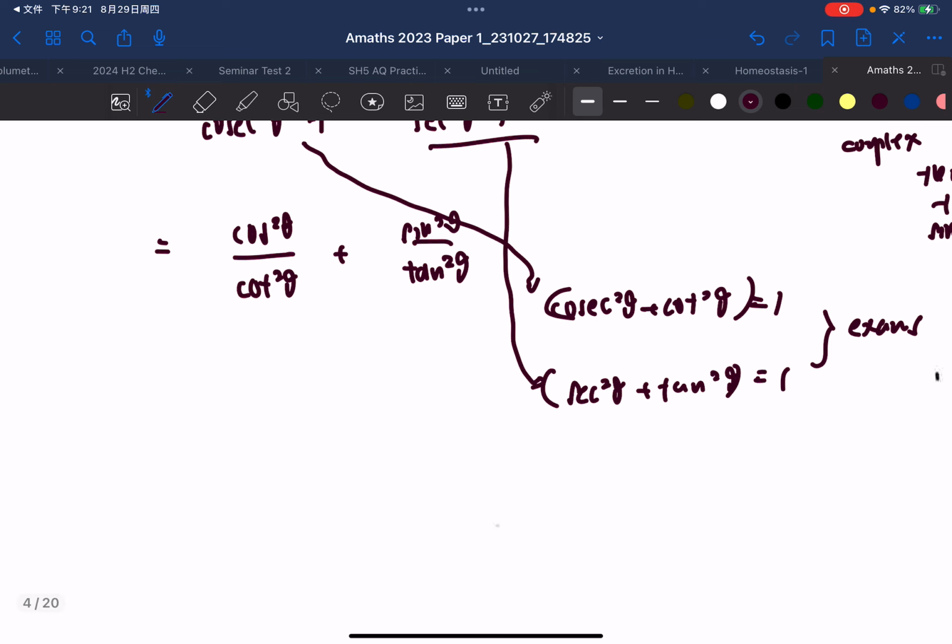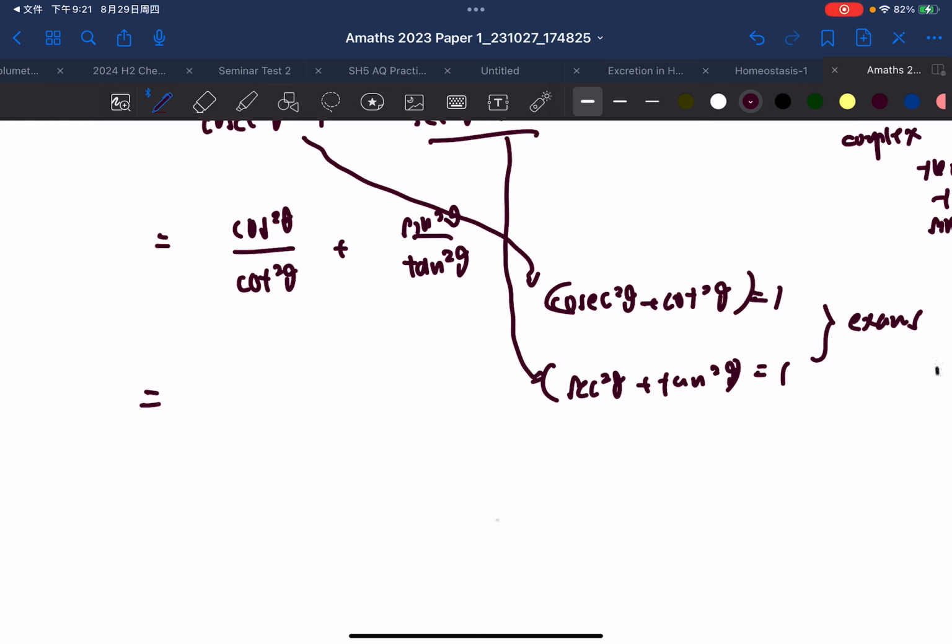Okay? So in that case, I'll be able to simplify further, and I will get, because this one will be what? Cosine square theta divided by cosine square theta over sine square theta.